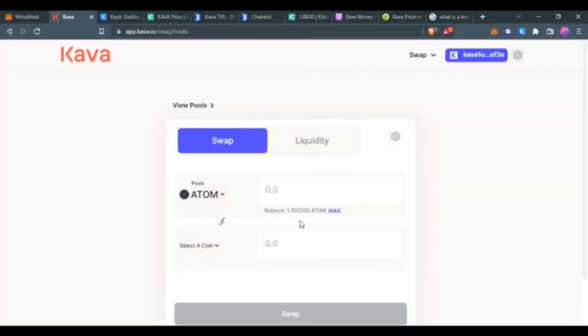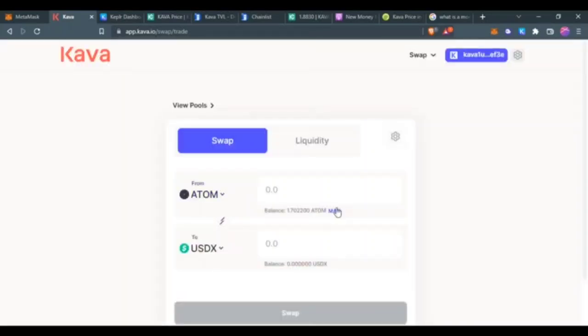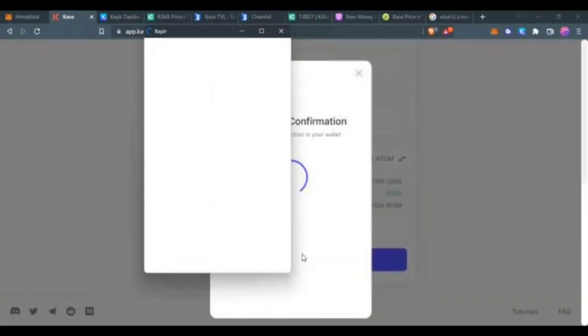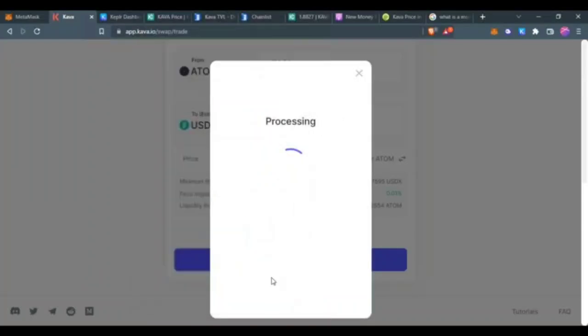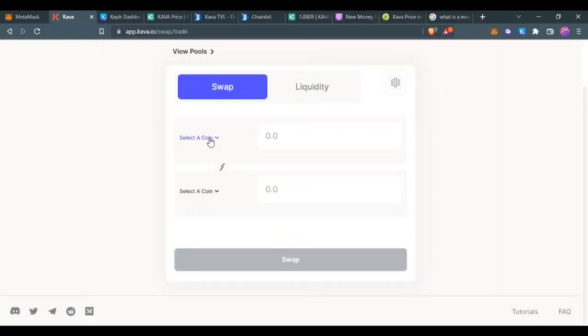Let's swap the rest of our Atom out with USDX. It's going to give us another $22. And this actually should be enough. We should be able to split this in half and deposit half USDX, half BUSD. So now we're looking for USDX and BUSD.